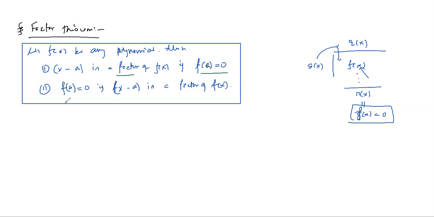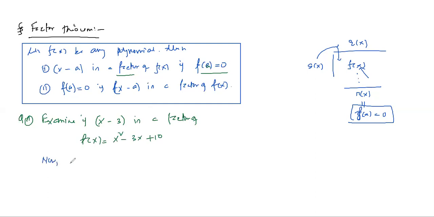So now we can get a test, a question. So I can write, examine if x minus 3 is a factor of x square minus 3x plus 10. This is the name of the polynomial. Now we have to check whether it is factor or not. Right. So what I'll do directly, we'll be putting 3, because if you equal this to 0, 3 will get.